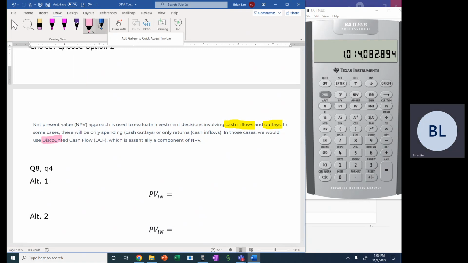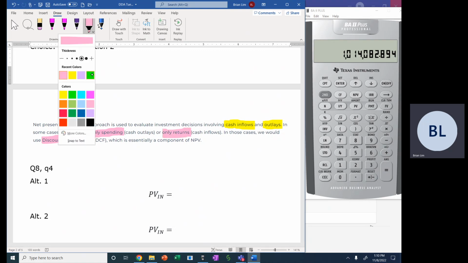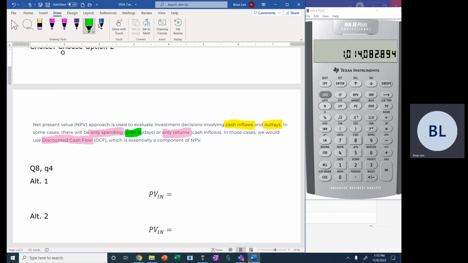And that's it right here. That is when there is only spending, all right, or only returns, right? So you have spending or return. So you have cash outlays or you have cash inflows. All right, so that is what discounted cash flow is.